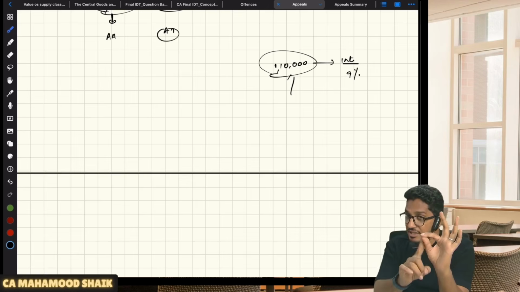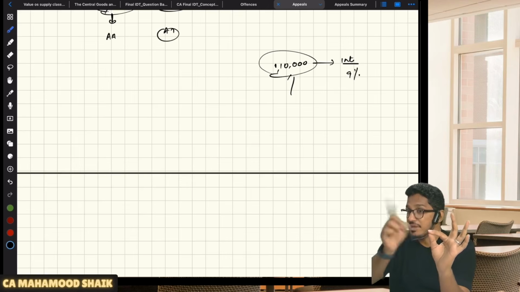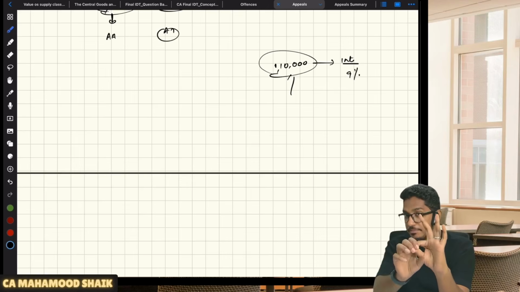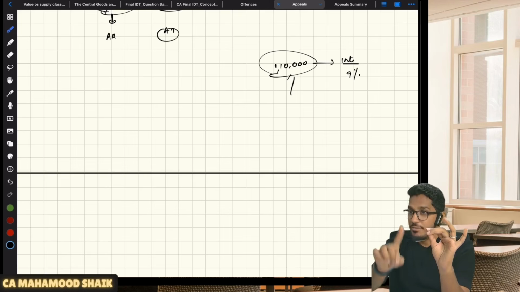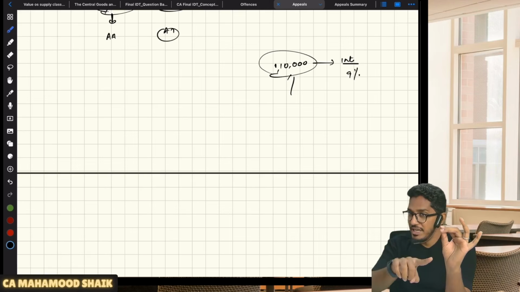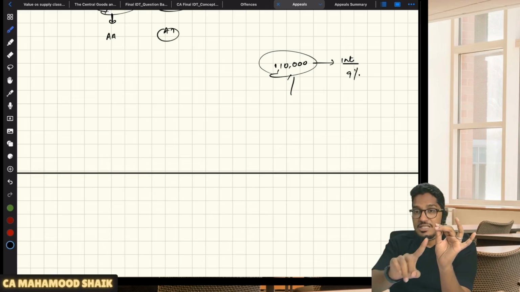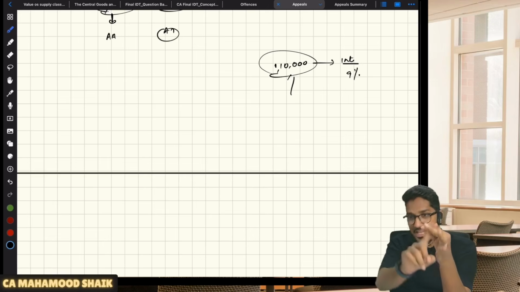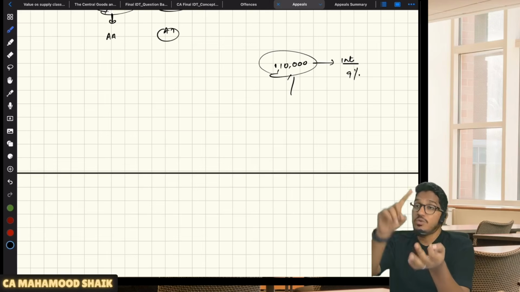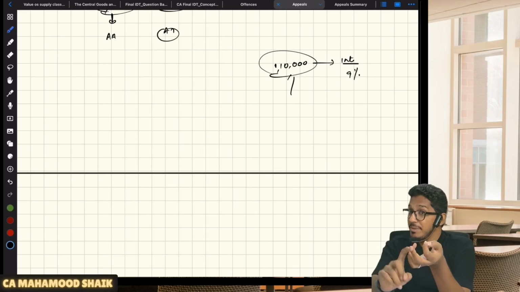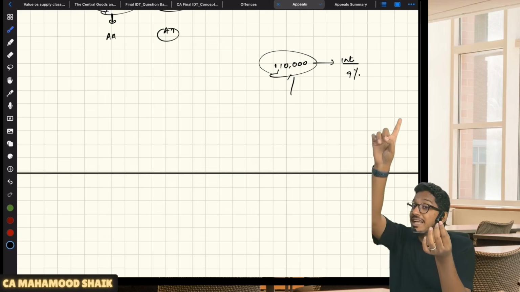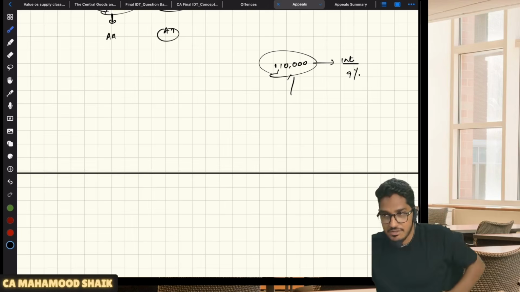If they are not granting the refund, interest at the rate of 9% from the 61st day till the date of payment. Third case, if in the court order you have made a pre-deposit, but that pre-deposit is not liable to be paid, and they are giving it back to you, the department will be paying you 9% interest from the date of deposit. 3 cases you have to remember.